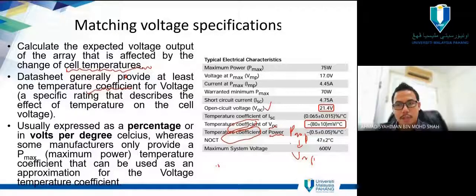For VOC, we will use the temperature coefficient of VOC. And for VMP, we will use the PMP temperature coefficient, which we can use if the VMP is not given. Kita hadam dulu.